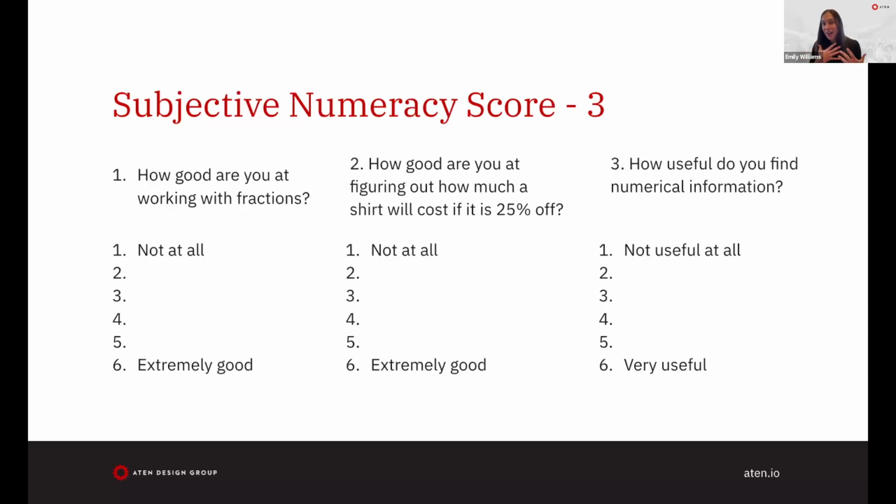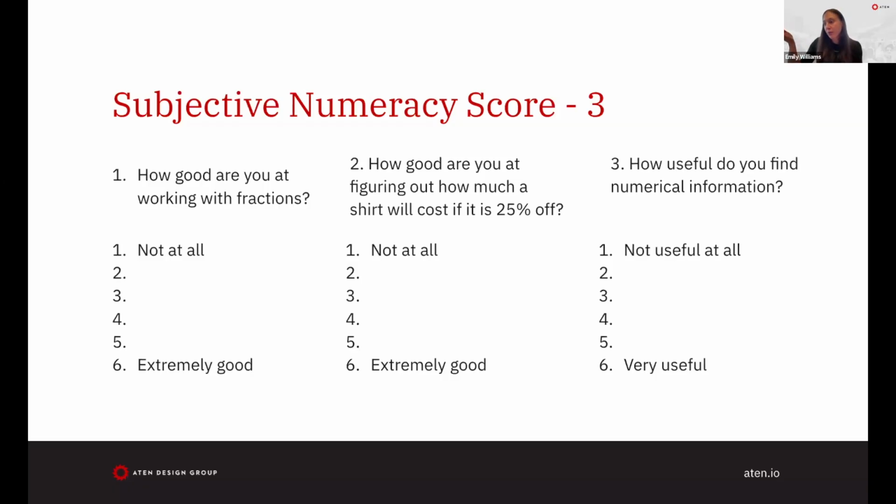You're looking at it and evaluating based on how you feel. It's scored on a scale of 1 to 6. Again, 1, not at all, 6, extremely good. As it's written in the screener, it's just numbers across the board with the extremes labeled, but the middles are not labeled. The user picks a number, and that's the feeling they have associated with this question.